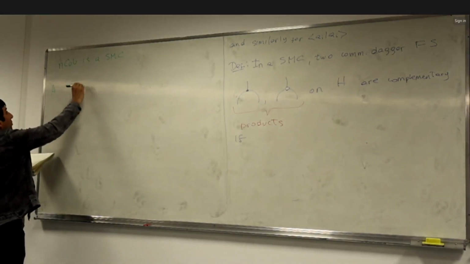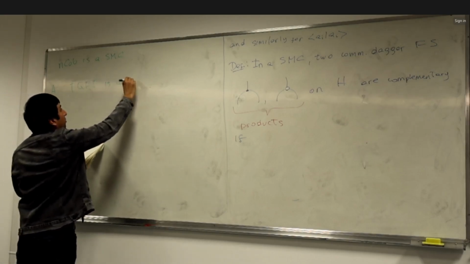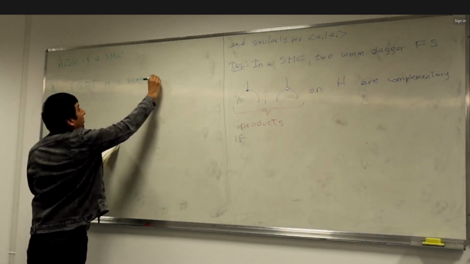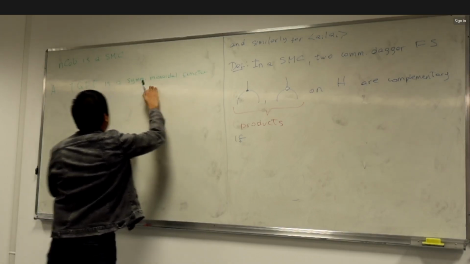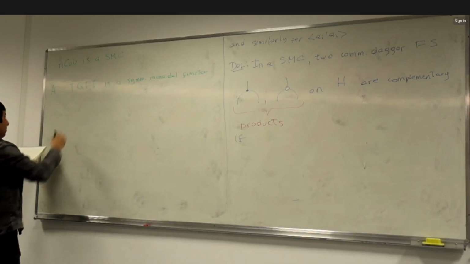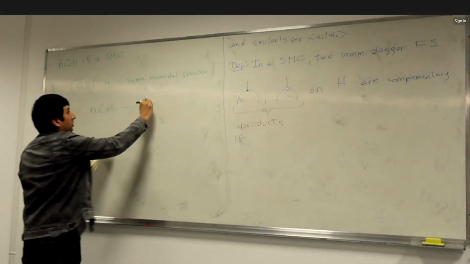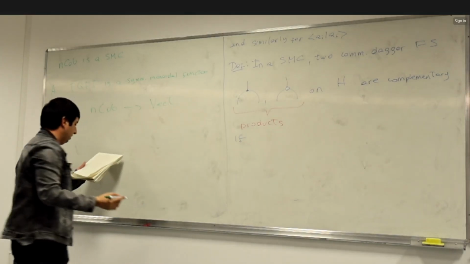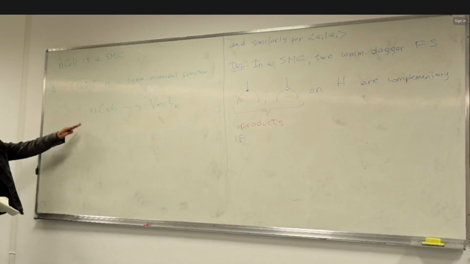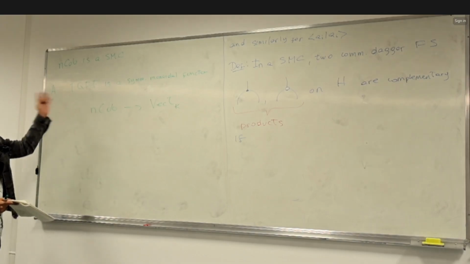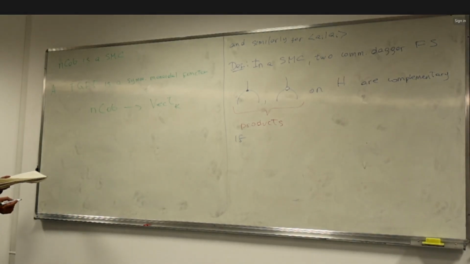A topological quantum field theory is a symmetric monoidal functor from nCob to the monoidal category of vector spaces. Since they both are symmetric monoidal categories, it makes sense to speak of a symmetric monoidal functor between them. So that is a topological quantum field theory.